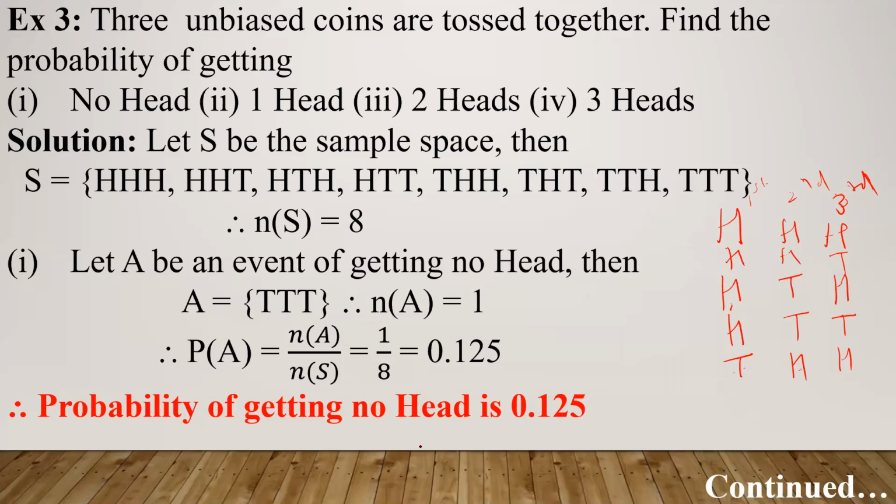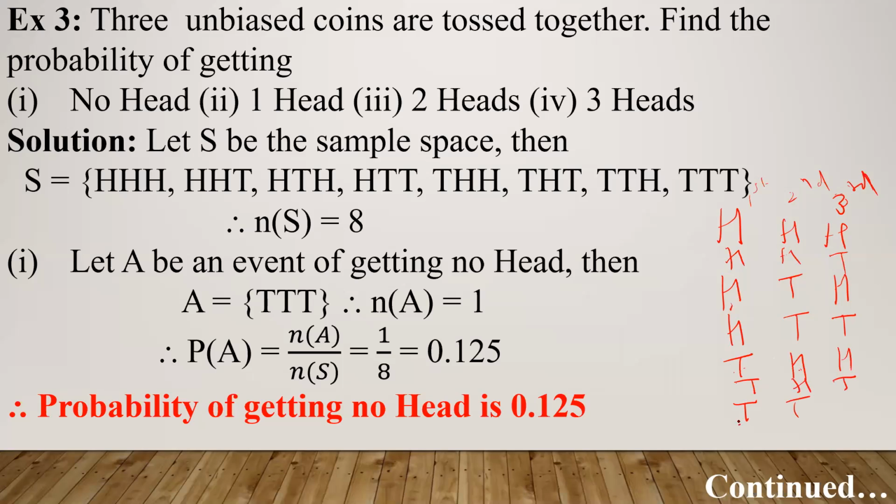When the first coin is showing tail, for the second coin there are 2 options. Either it will go in head or it will go in tail. If the second coin is going in head, for the third coin, again there are 2 choices. It can go in head or it can go in tail. So I may have THH or THT.